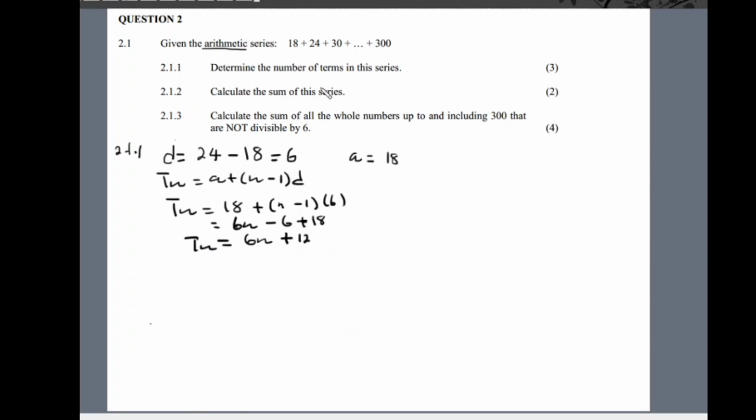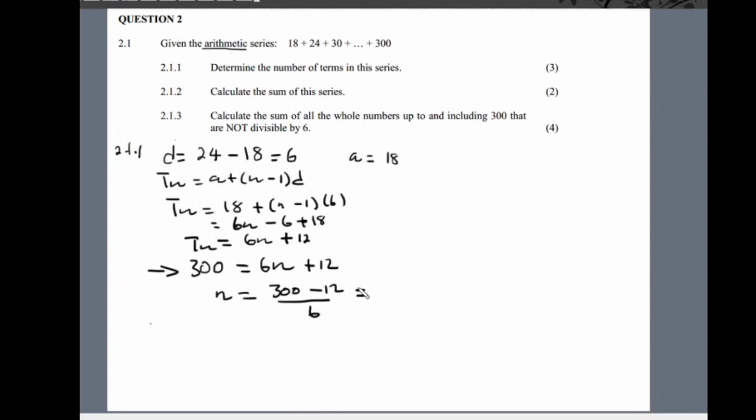We want to calculate the number of terms in this series. We know the last term is 300, and we want to calculate how many terms there are. So from this equation we need to solve for n, right? So n is equal to 300 minus 12 all divided by 6.